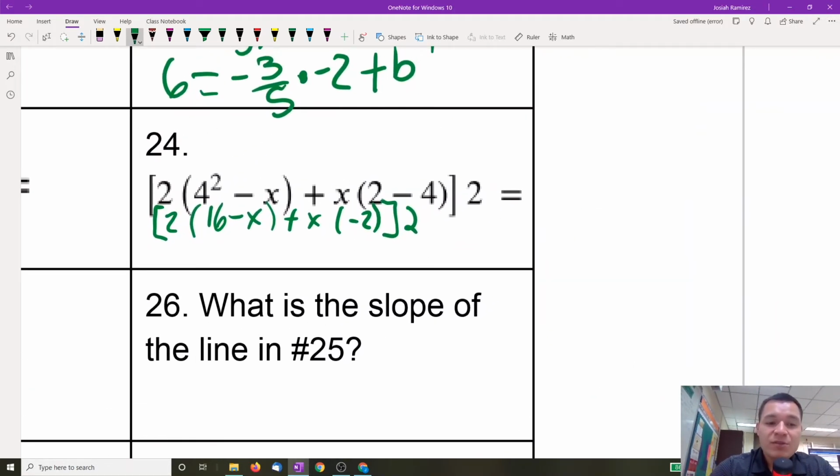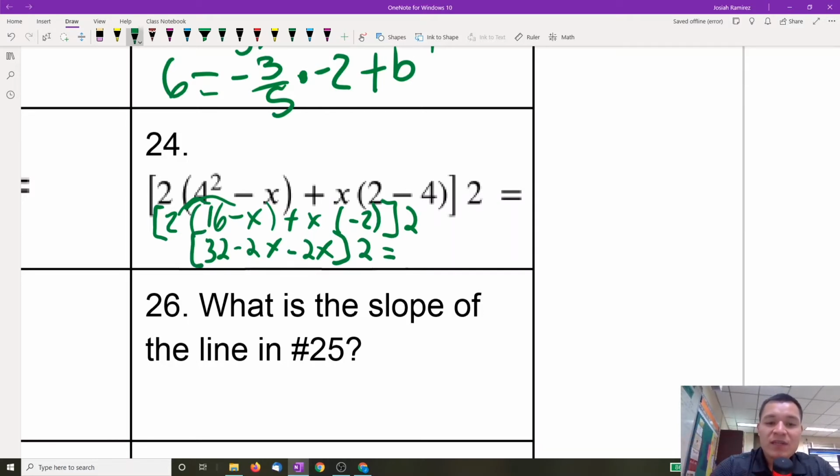Now we can distribute this 2, and we can multiply the x and the negative 2. When we distribute this 2, we'll get 32 minus 2x. X times negative 2 will be negative 2x. Those are inside of brackets, and we have a 2 outside.